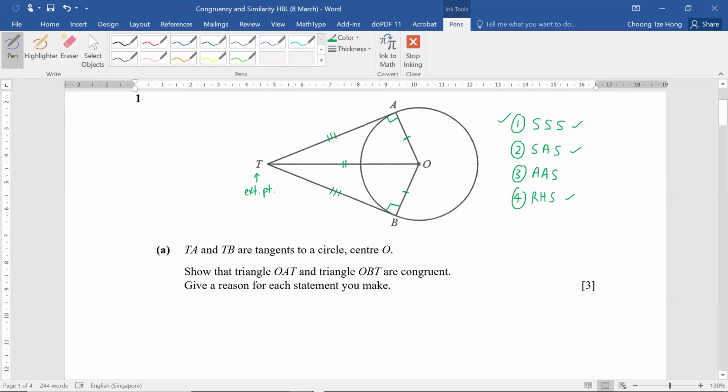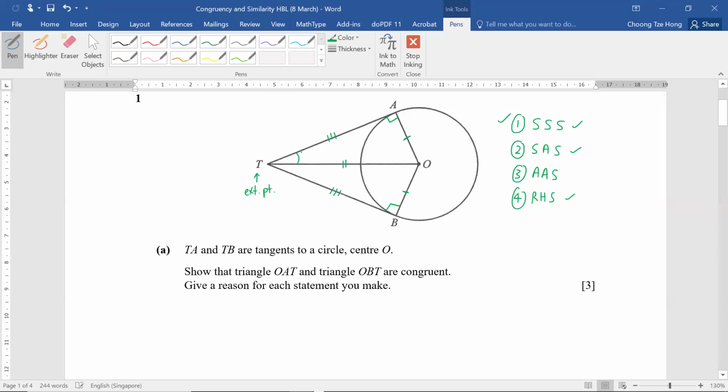This question is very unique, whereby you can use all the different tests. All are applicable depending on how you present your solution. AAS will also work because for this tangent from an external point, if you draw a line from the center O to T, it's going to bisect this angle ATB.